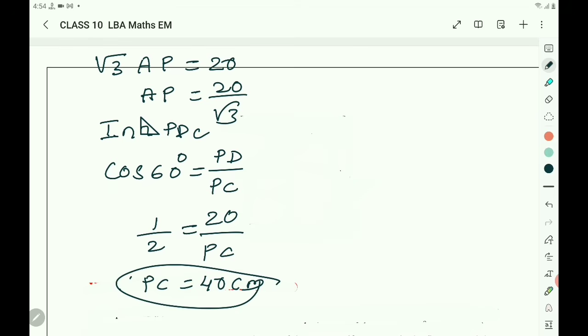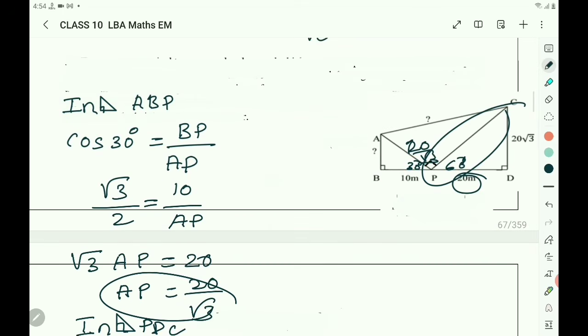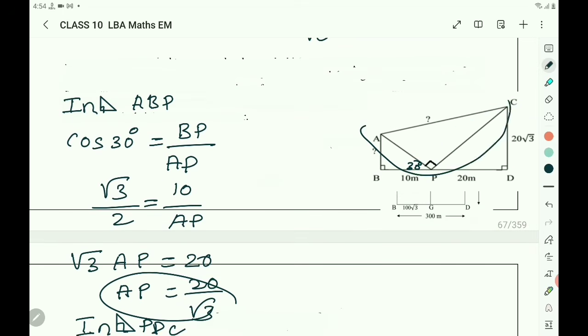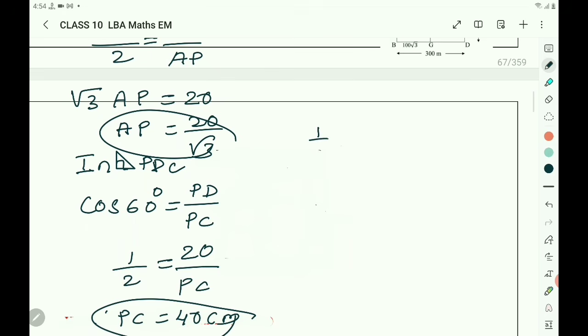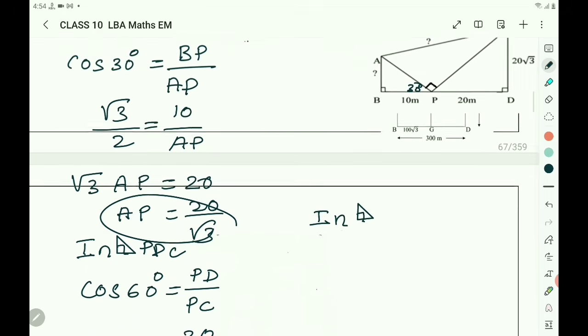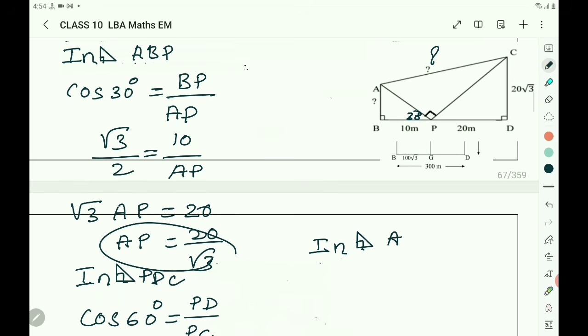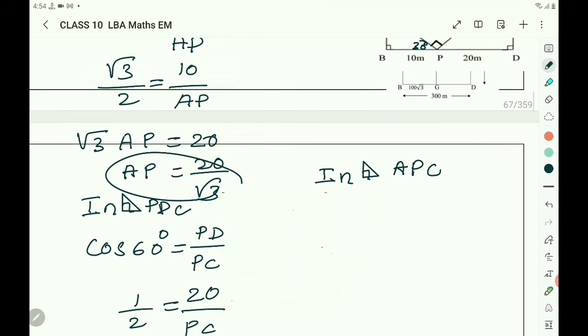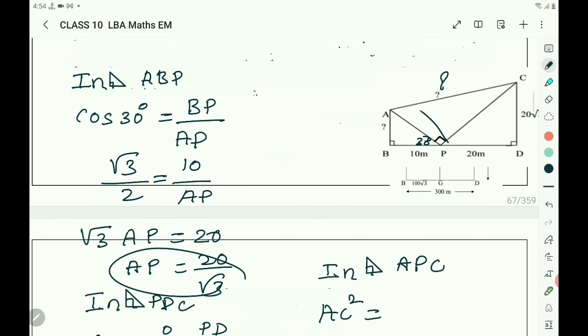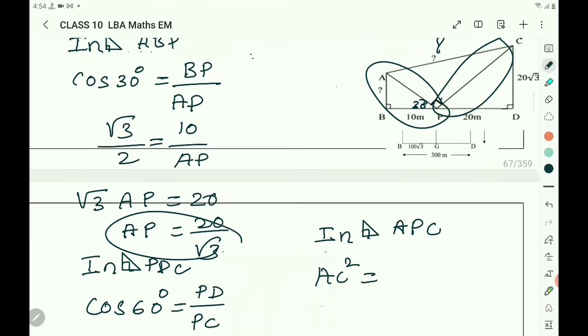You got PC, AP. By using that to the triangle APC, right angle triangle APC, use the Pythagoras theorem to get AC. Then you write in the right angle triangle APC, AC is the hypotenuse. Write AC square equals AP square plus PC square.